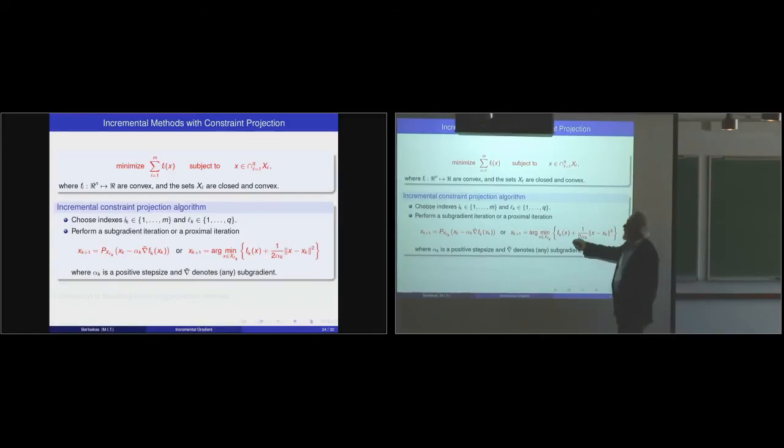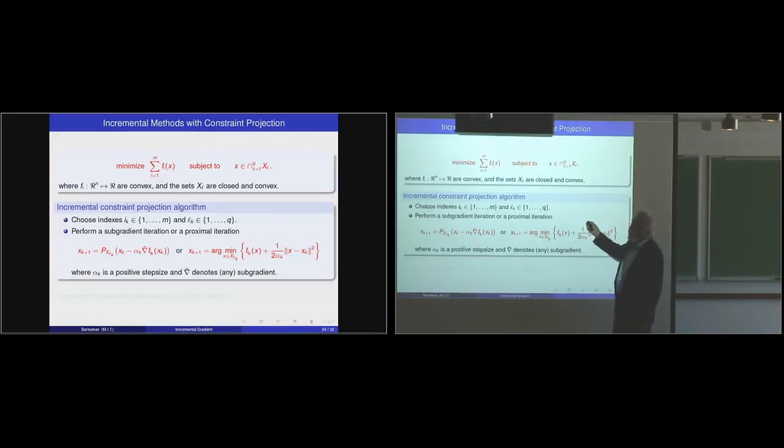Here we treat incrementally not only the components of the cost function, but also the components of the constraint. So at the kth iteration, we pick one component from here, and we pick one component from here, an index ik and lk, and we perform a subgradient iteration or a proximal iteration using only these two components. Notice that the projection is done on the simple component set. And similarly here, the minimization is done only on the component set.